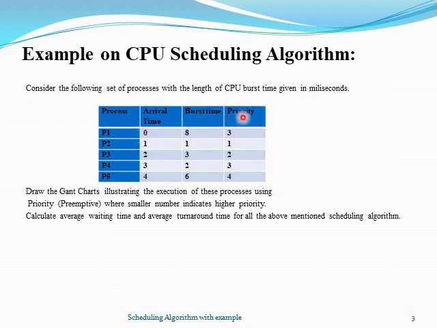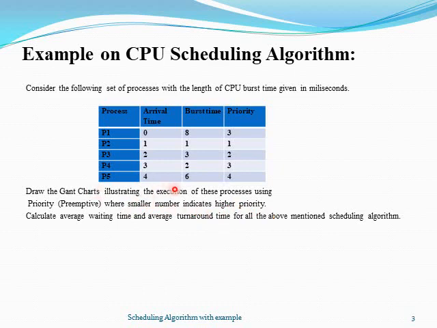In priority scheduling, a numeric value is assigned to every process as its priority. In this example, we are considering a smaller number as a higher priority.